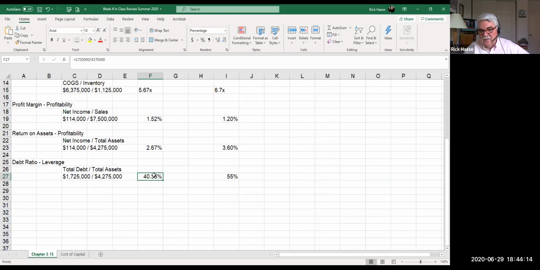The difference between 100 and 40.35. My equity position must be 59.65%. That totals to 100%. Assets equal liabilities plus equity. This is called the capital structure.